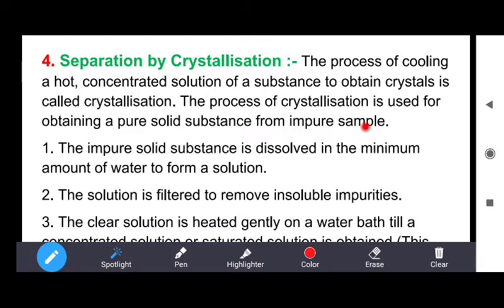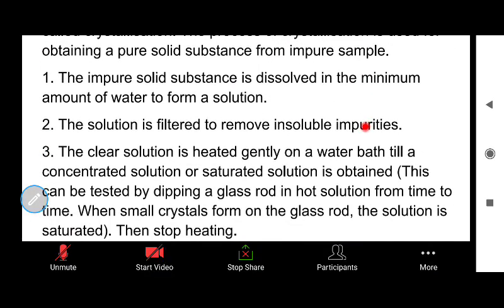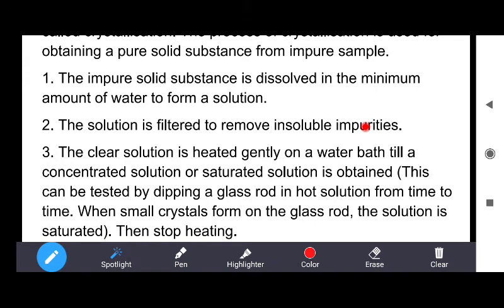This process completes in the following steps. What are the steps of this process? The first step is that the impure solid substance is dissolved in the minimum amount of water to form a solution. After the formation of the solution, it is filtered to remove the insoluble impurities.